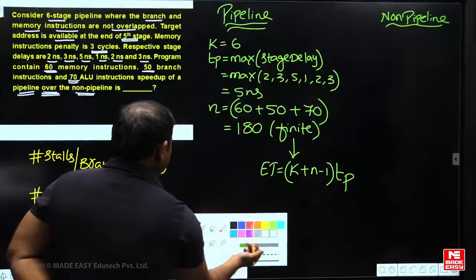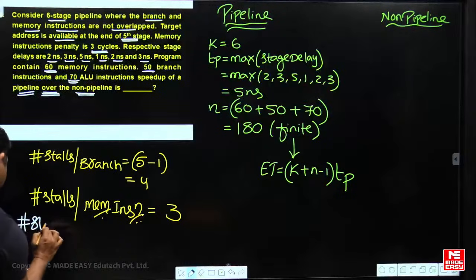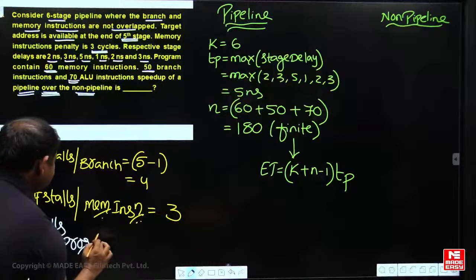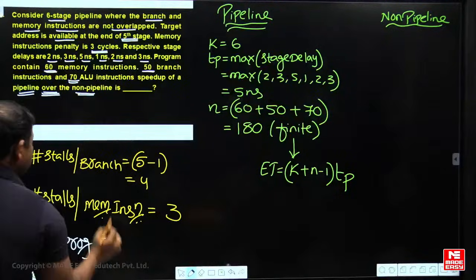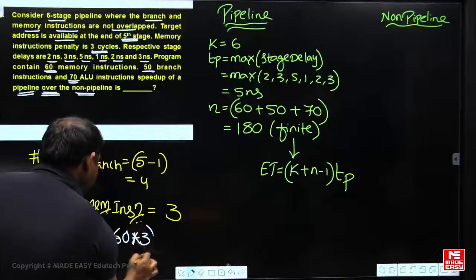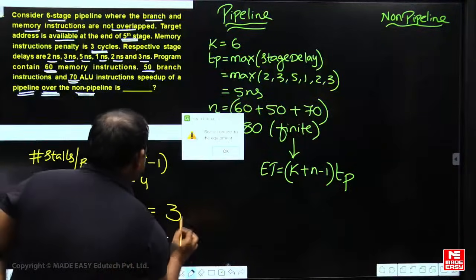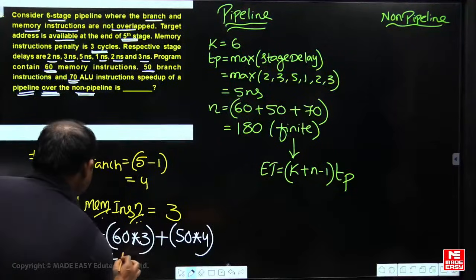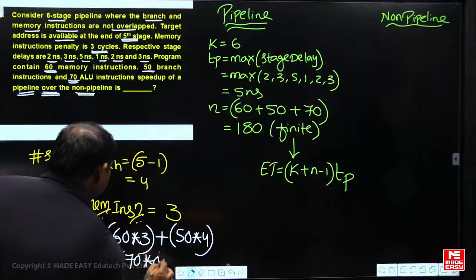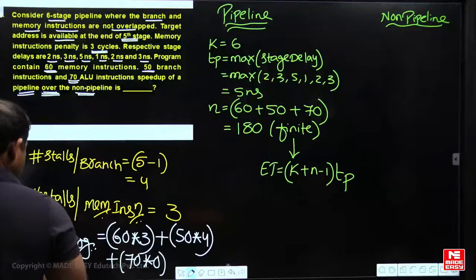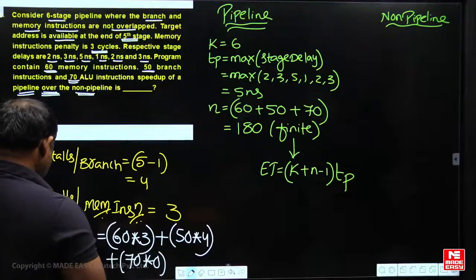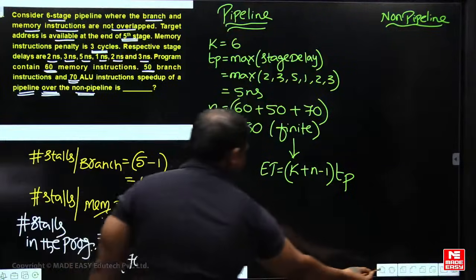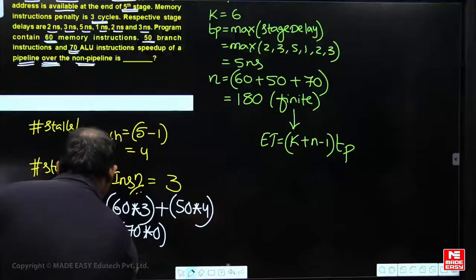Therefore, number of stalls in the program: 60 memory instructions into 3 stalls plus 50 branch instructions into 4 stalls plus 70 ALU instructions into 0 stalls. This is 60 into 3 plus 50 into 4, which becomes 380. Total 380 stalls present.